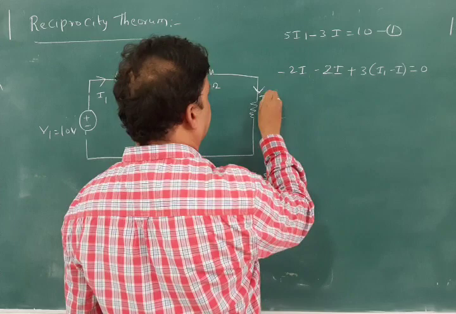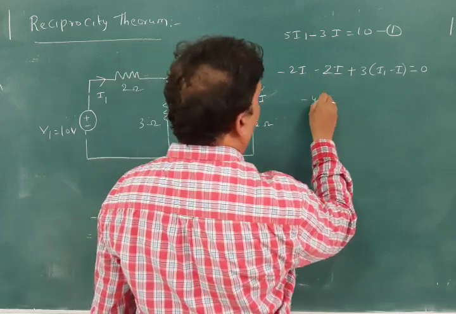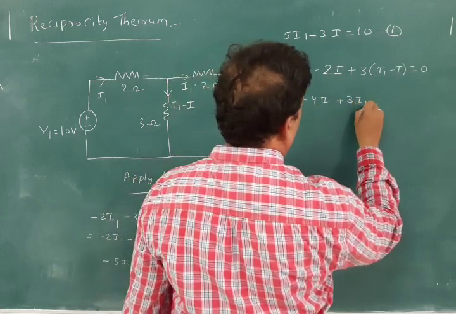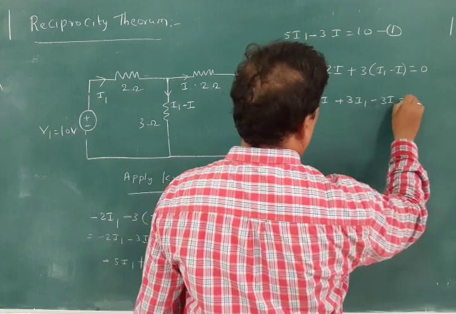Then minus 4I plus 3I1 minus 3I is equal to 0.